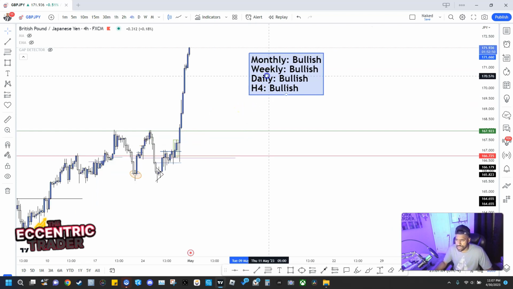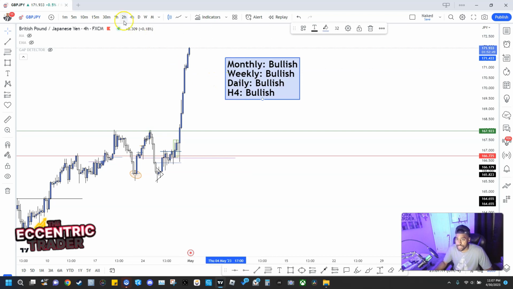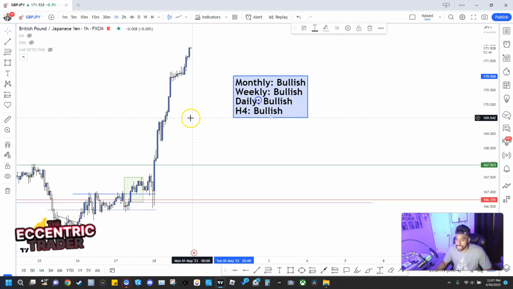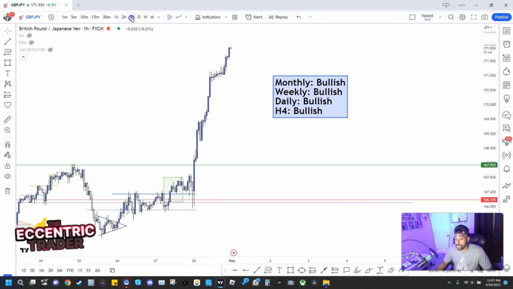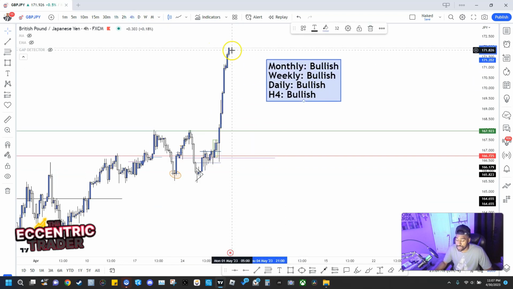If you're a scalper or more of an intraday trader, you can go to the H1 time frame, because H4 might not even give you that, since there's too much volume. The buyers are still in, right? So it may not be time for price to come back down to retrace.